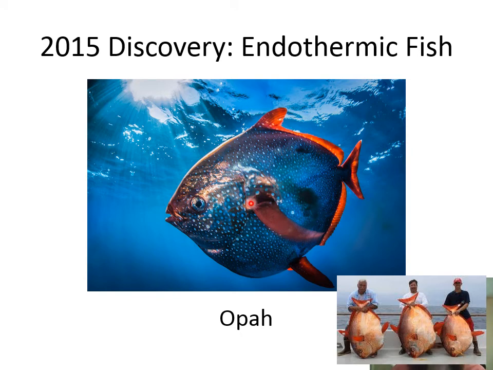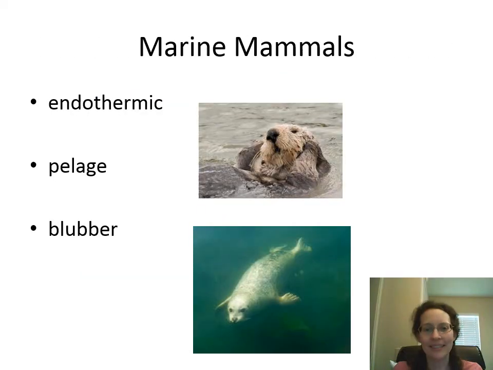You use those muscles, it generates heat, and the fish can use this to keep its muscles about 7 to 9 degrees warmer than the surrounding water. And it's found at depth again. So if you're down there in the deep water where it's cold and you're out there hunting those fish and the squid, having the warm body, the ability to keep the warm blood inside your body makes those muscles work faster and makes you a better fisher, better hunter. Fisherman as a fish. That's the opah.